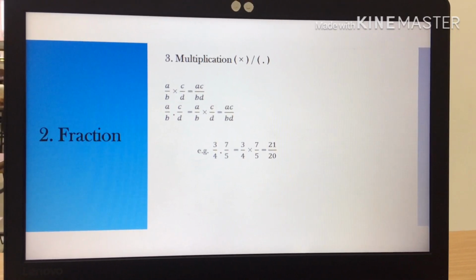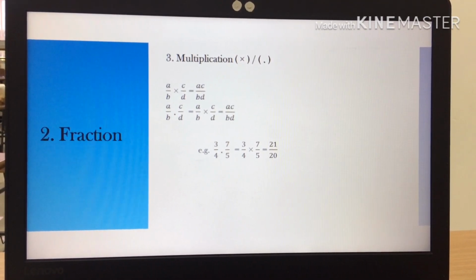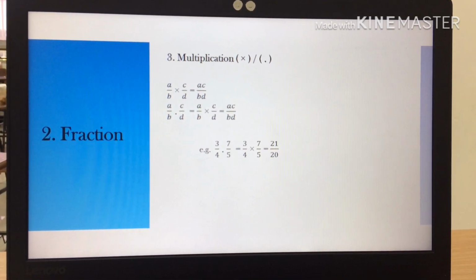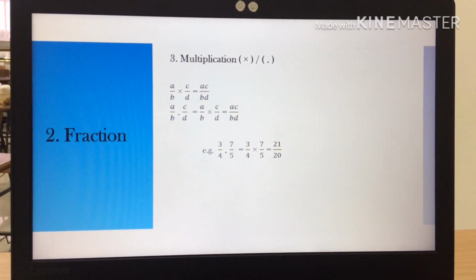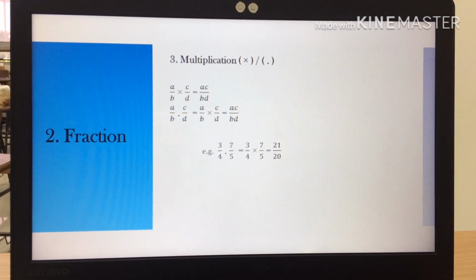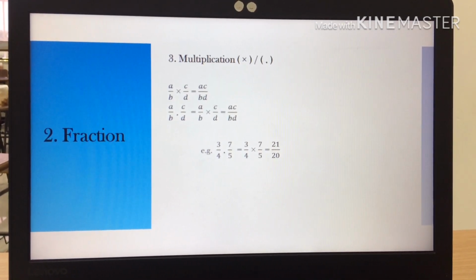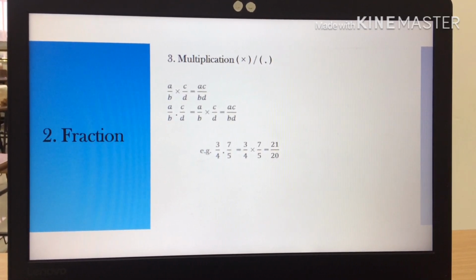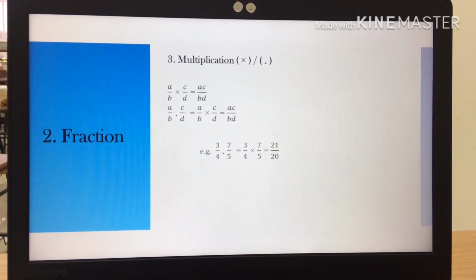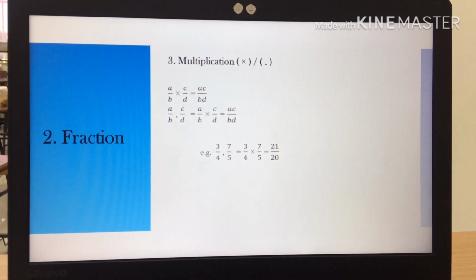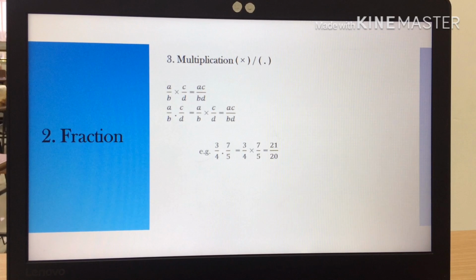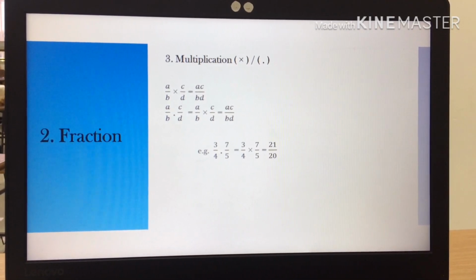And the third of fraction is multiplication. The formula is A over B times C over D equals AC over BD, or we can use dot to make a symbolize of multiplication.